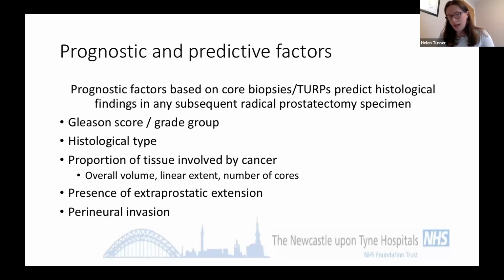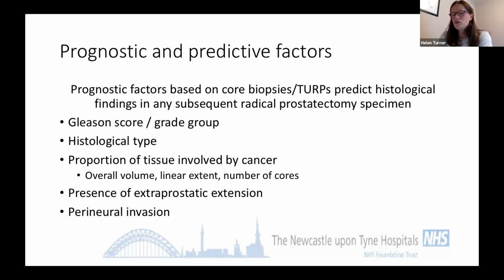The amount of cancer in needle core biopsy will correlate with the pathological stage and patient outcome, and that's why we will report the proportion of tissue involved. There's a lot of variation in how this is done, both throughout the United Kingdom, throughout Europe, and throughout the world. Some people will give a linear extent, some will give a percentage volume of the amount of cancer versus benign tissue, some will just give you the number of involved cores.